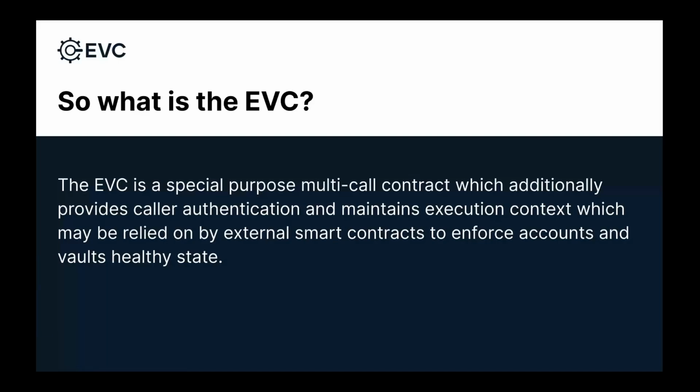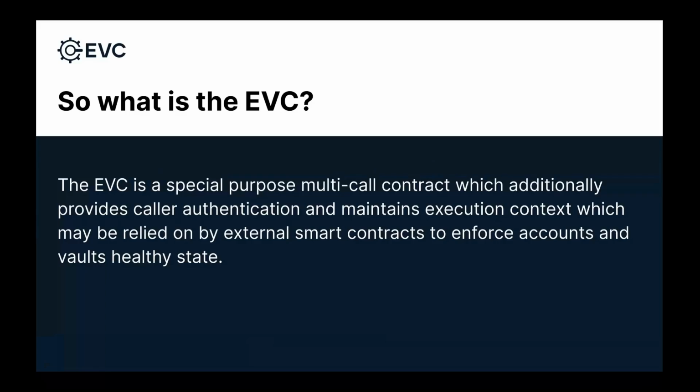In fact, you can call any external smart contract because the EVC does not have any restrictions when it comes to that. The EVC authenticates the caller, and it either allows or disallows an operation. The account address on behalf of which the operation is being performed is stored in the execution context of the EVC, and that information can be retrieved by a vault during the execution.